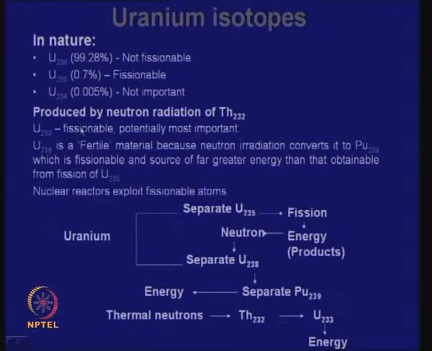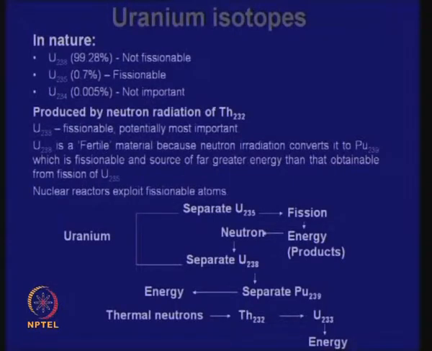come to this later. There is another interesting thing: you might think uranium 99.28%, which is not fissionable, is not important. That is not true. This isotope is a fertile material. Fertile material means it can be converted to plutonium-239, which is fissionable.